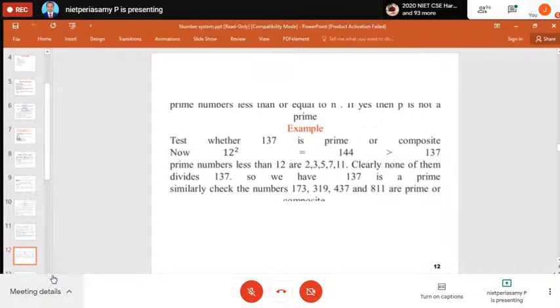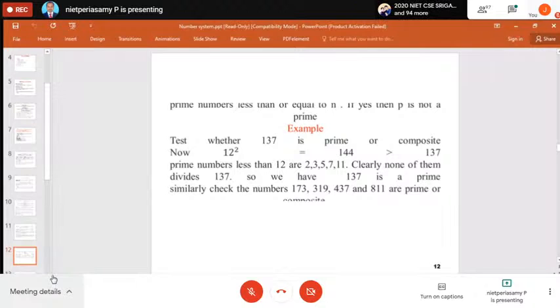If no number divides 137, it is a prime. Totally you have 5 prime numbers less than 12: 2, 3, 5, 7, 11.